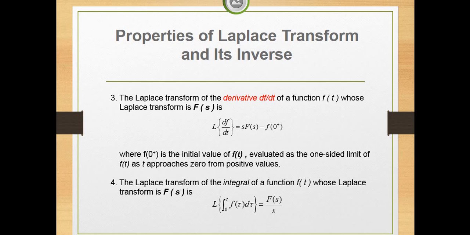a function of t, meaning we evaluate the Laplace transform of each of the terms separately. Now, when you speak of linearity of the inverse Laplace transform, which is the second property, we do the same. It should be possible for us to invert the terms of a function of s by converting it into a form that is recognizable in terms of what is provided in the table as to the Laplace transform of the basic functions of t.